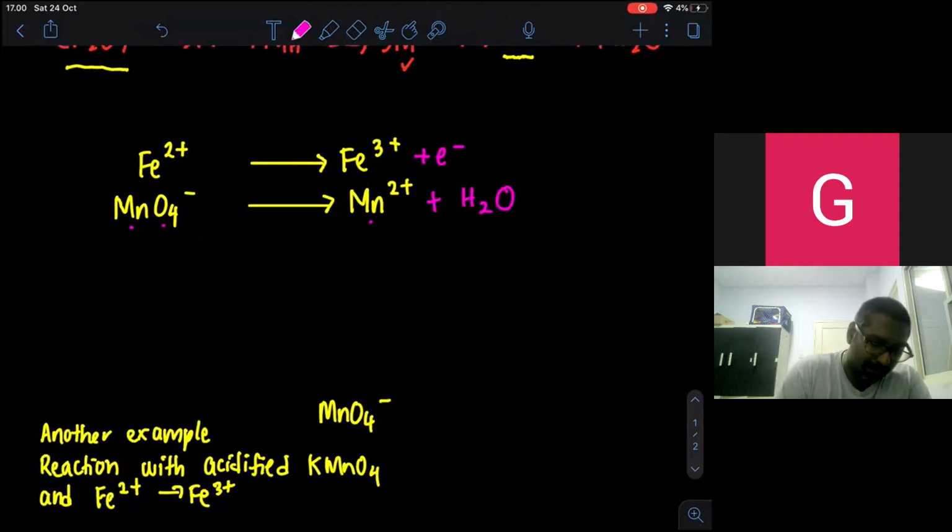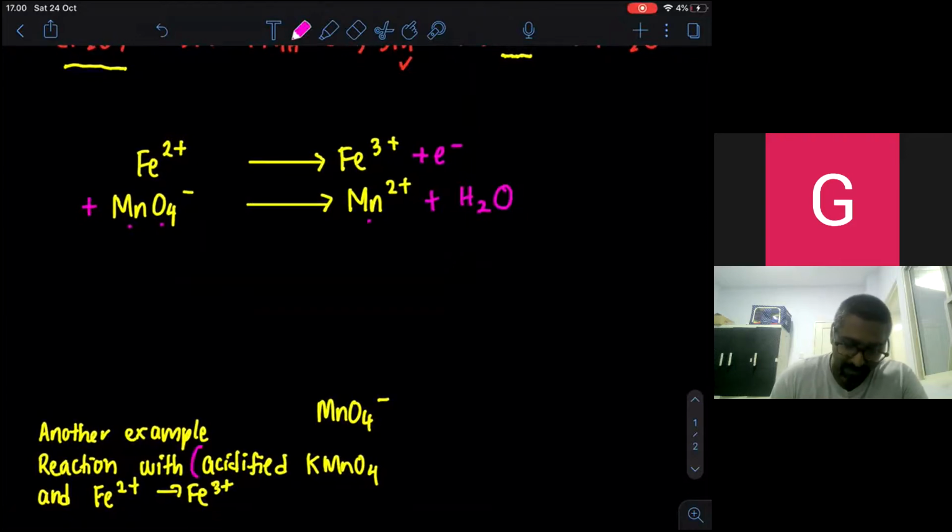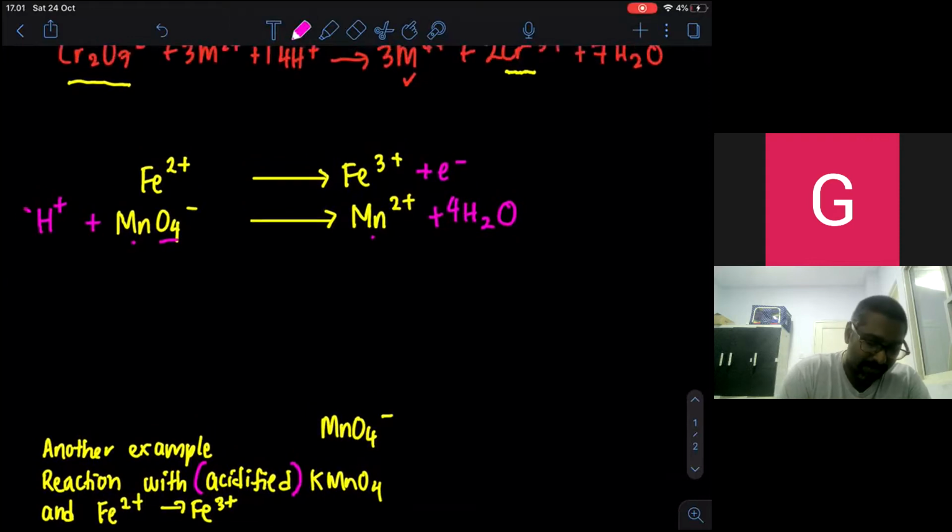If you're wondering why there is no hydrogen over there, the acidified potassium manganate will help out here. The hydrogen will come in the form of hydrogen ions. So to balance, we have 4 oxygen here, so I put 4 there, and that makes my hydrogen 8, so I put 8 over there.